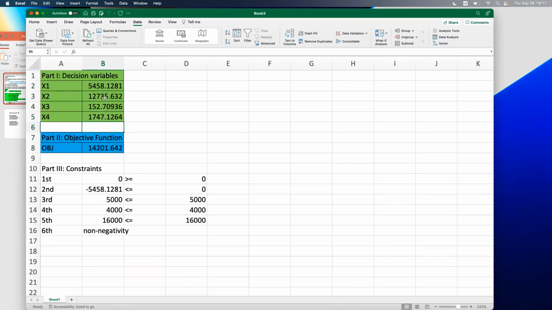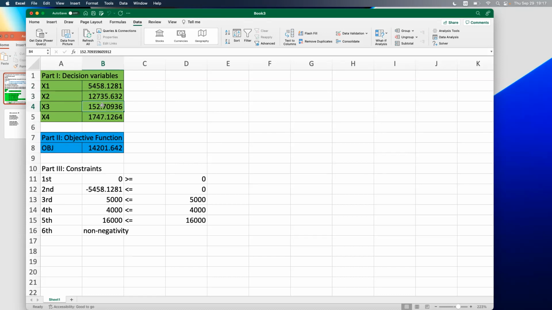So basically that means we have solved this problem, and our optimal solution tells us we should produce 5,458 jars of applesauce, 12,735 bottles of apple juice.